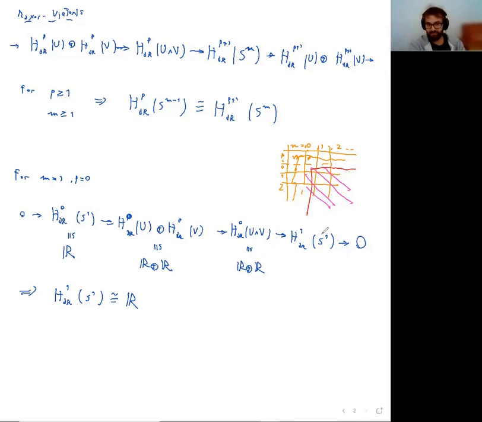So the image must have dimension 1, and it must be surjective. So this is dimension 1. Therefore, it's isomorphic to R. Okay. And we know otherwise that for p greater than 1, as I was saying before, this is trivial for dimensional reasons.